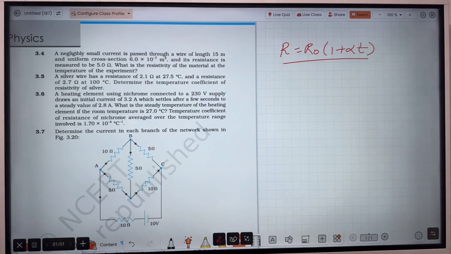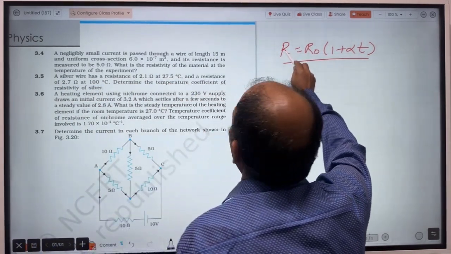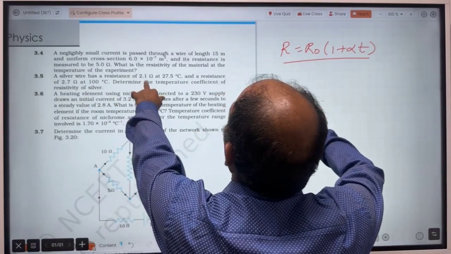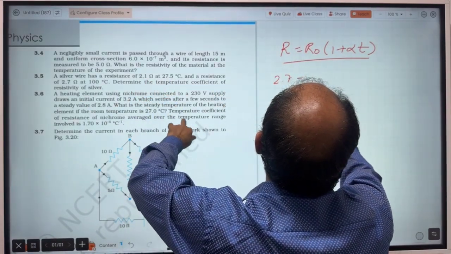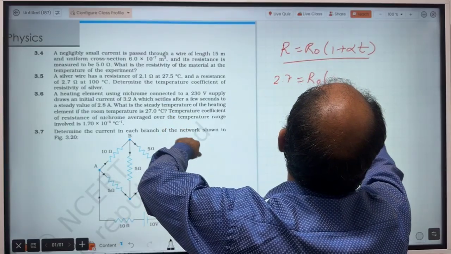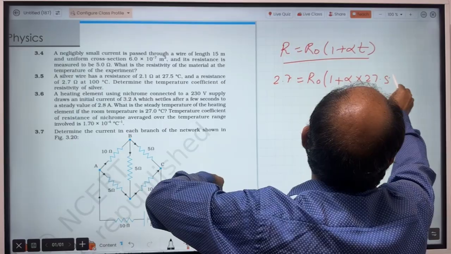Here the question is simple. What you can do? Just write the two resistances. 2.1 ohm at 27.5 degrees. So just write 2.1 equal to, keep R0 as it is, 1 plus alpha into 27.5.